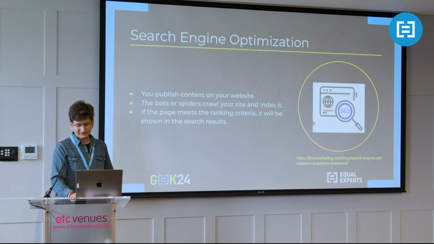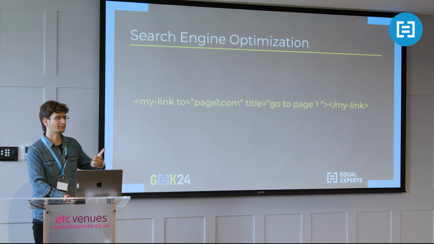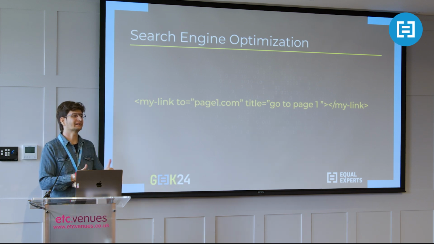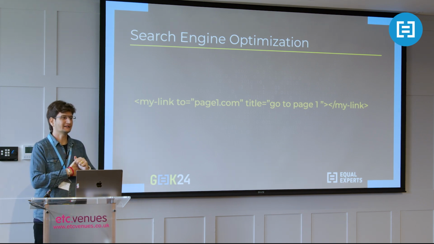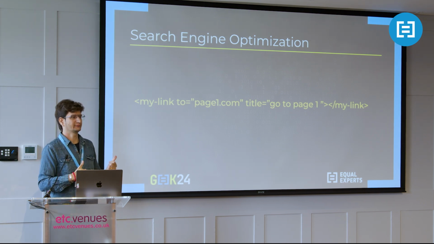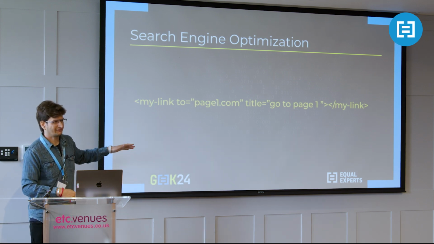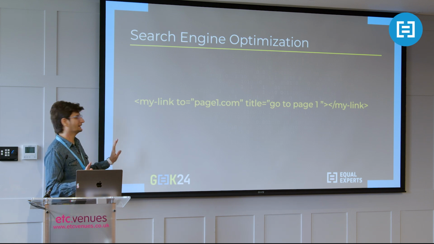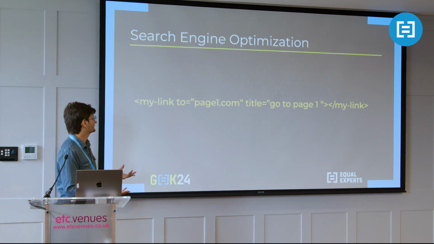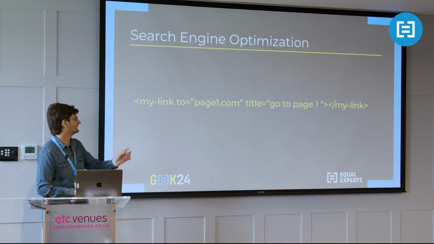So let's now talk about creating a web component for a link, correct? Again, I'm creating a design system library and a link is an atom in that library, correct? Usually this is how I'll create it. Again, a very naive way of representing a link, but I'll say, oh, this is my link which will route to page1.com and it has a title, whatever the user will see, as go to page one.